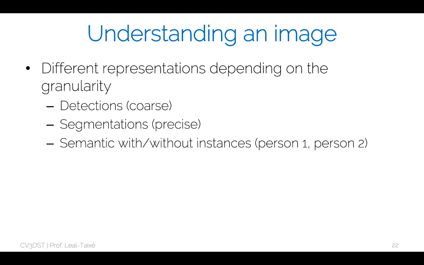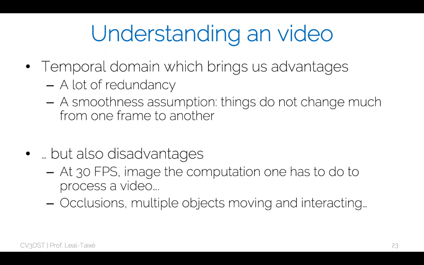So separating the different persons, for example, from the category people or not. And all of these tasks, all of these different levels of granularity really go well with deep learning, which is why most of the techniques presented in this course are going to be based on machine learning and on deep learning in particular.